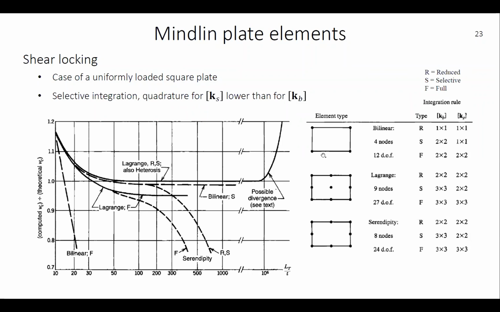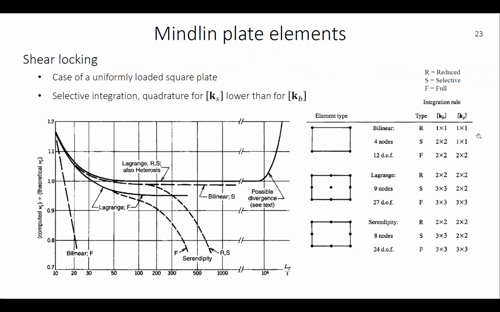So if we start with a bilinear four-noded plate element, we will have, using full integration, a lower value of the computed displacement compared to the theoretical ones. So it behaves somewhat overstiff.